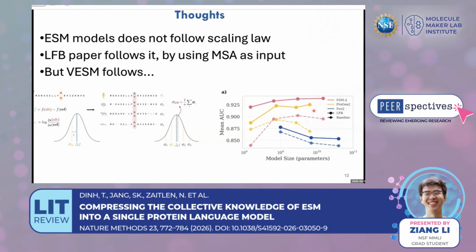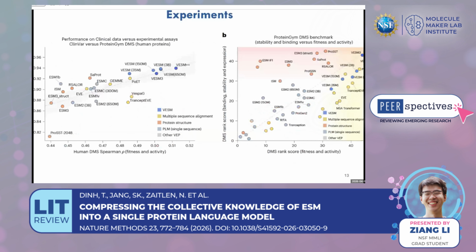And interestingly, this VESM model, which is the model name of this Nature Methods paper, follows the scaling law. So this might also show that ensembling might help the model follow the scaling law, which means that they can overcome the bias of these larger models. And this might be a way to deal with it.